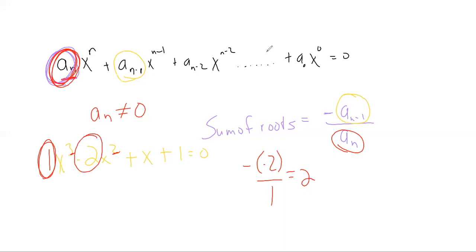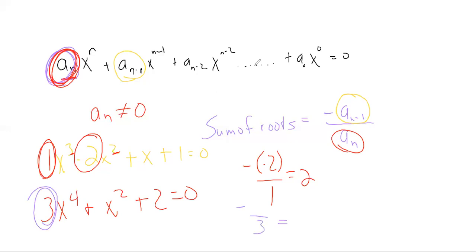Let's do another example of that. Let's say I have 3x to the fourth plus x squared plus 2. Now I have to look at it and go, okay, the sum of the roots, there's a to the n, so that goes on bottom.